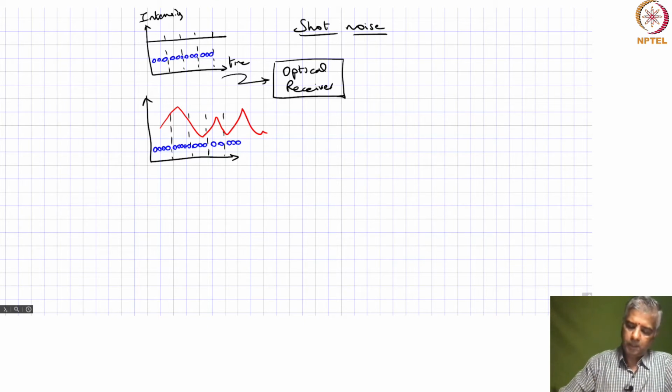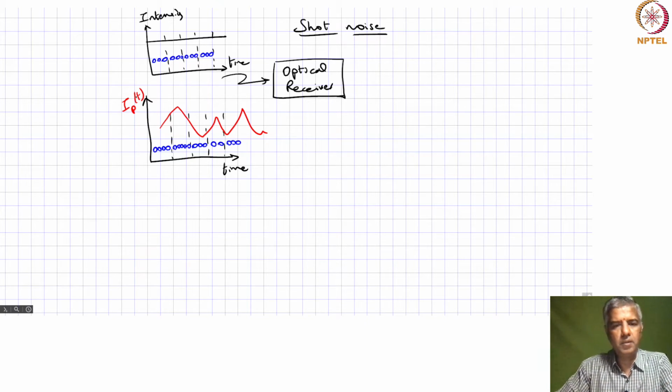So as a function of time, what we are looking at is now the photocurrent that's generated, I_P of t. That photocurrent may actually be varying with respect to time because of the random arrival time of photons.